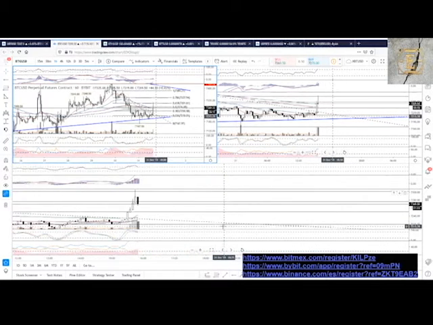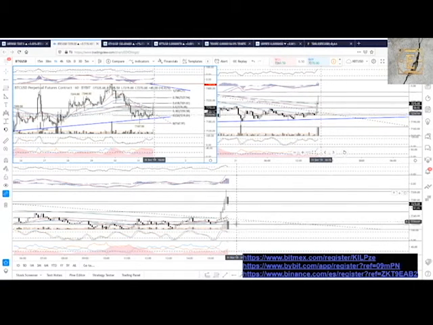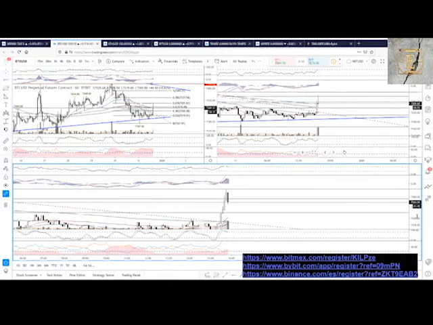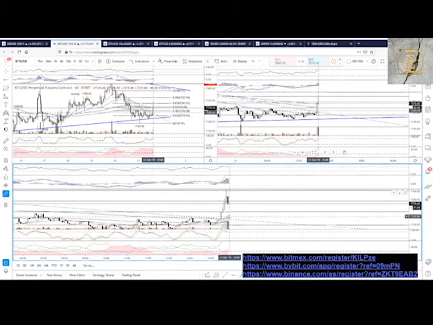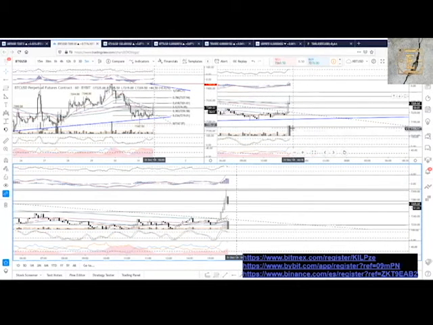I expect that this candle ends up being superior to the previous one. So if we see this one, this is perfect.